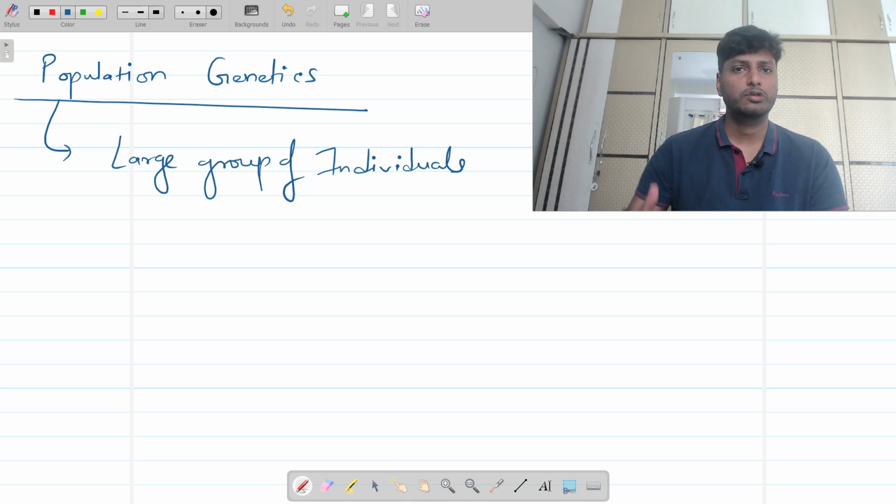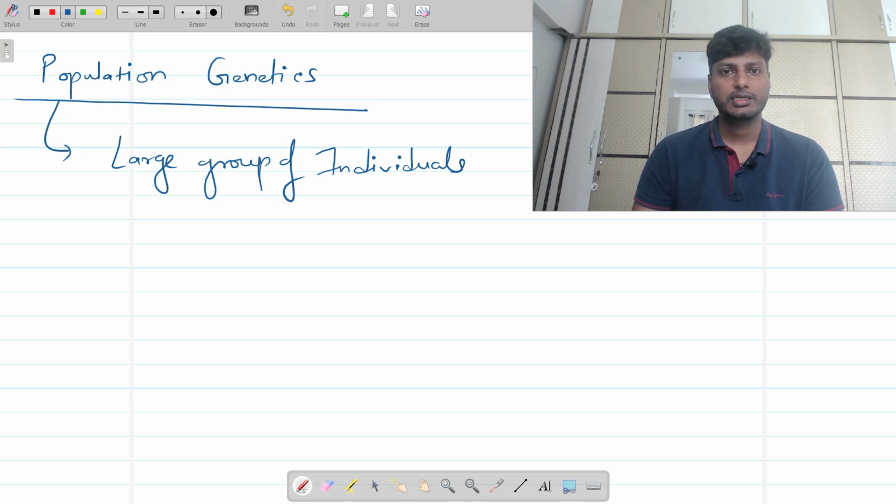It can be a group of bacteria, a group of birds, or a group of humans. So precisely whenever we talk about population genetics, we are considering a group of individuals, and in that group we study certain characteristics of those individuals.